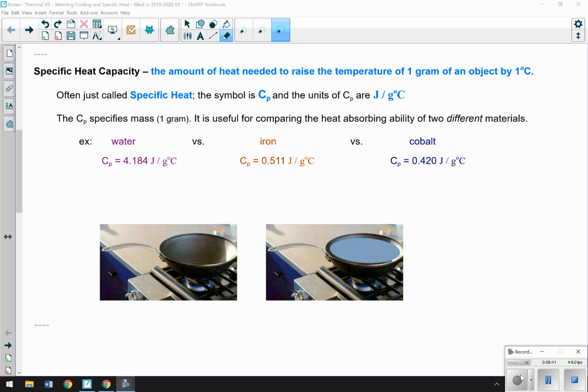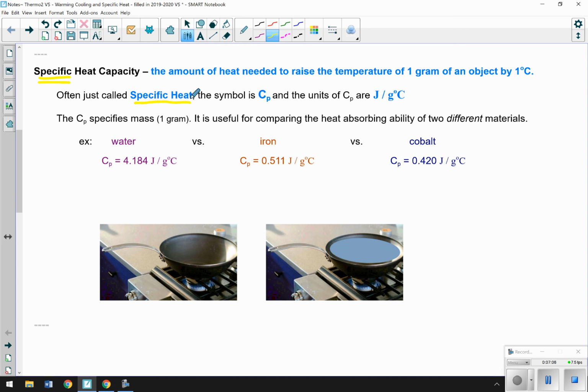Now let's switch over and talk about a way more useful measure of heat storage and transfer. It's called the specific heat capacity. Well, what does specific heat specify? If there's heat capacity, then there's specific heat capacity. Well, we're going to see in a second. The specific heat capacity is often just called the specific heat for short.